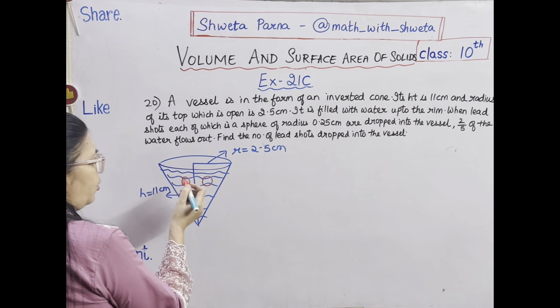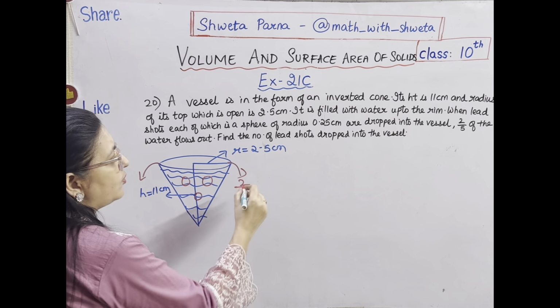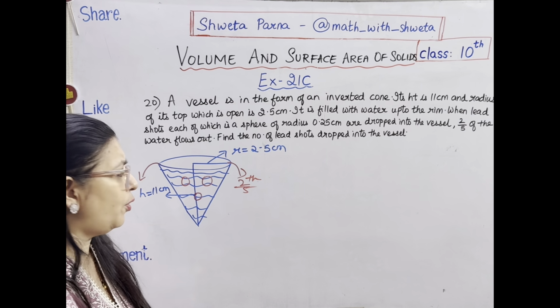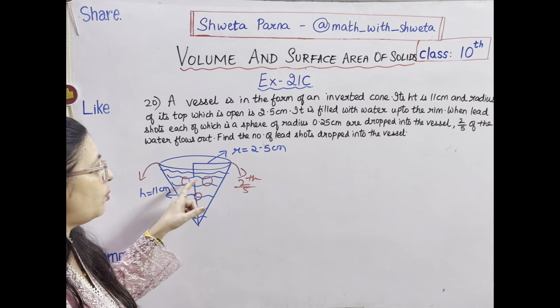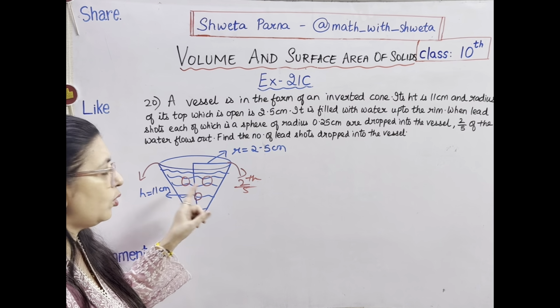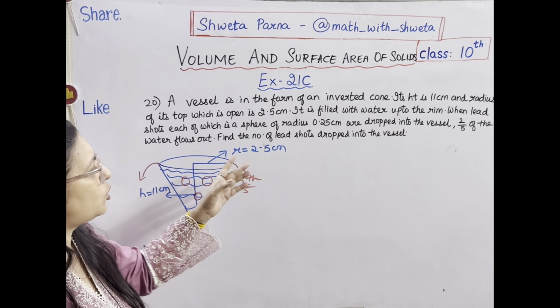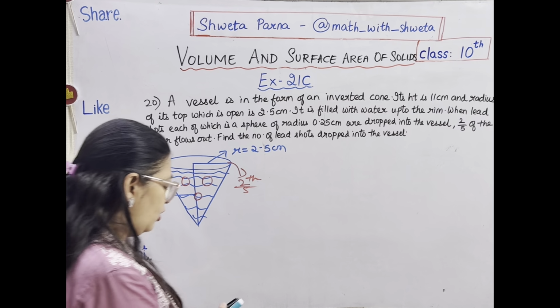Why is there a flow of water? This flow of water is due to the volume of the spheres. Let the number of lead shots be x.